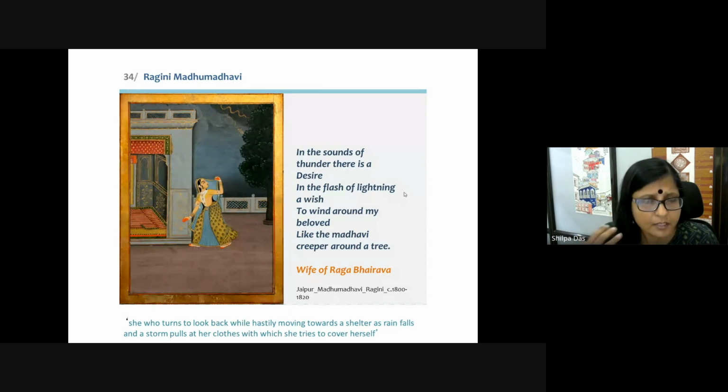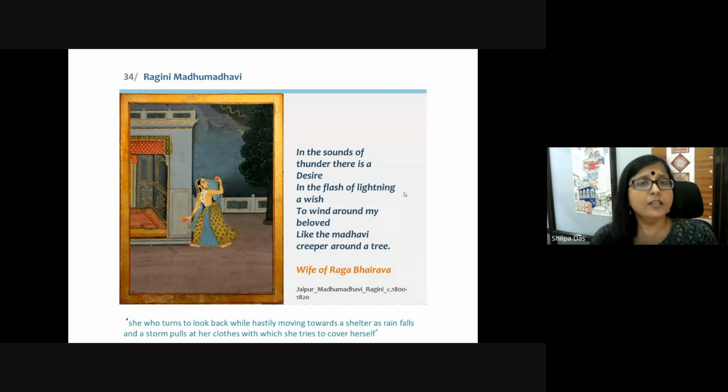And as she's just about to step inside this haveli, she looks back over her shoulder at the approaching storm. One hand holds up this delicately patterned, almost transparent dupatta, and her eyes are gazing upwards. So there seems to be a certain hesitation in her gait as well.